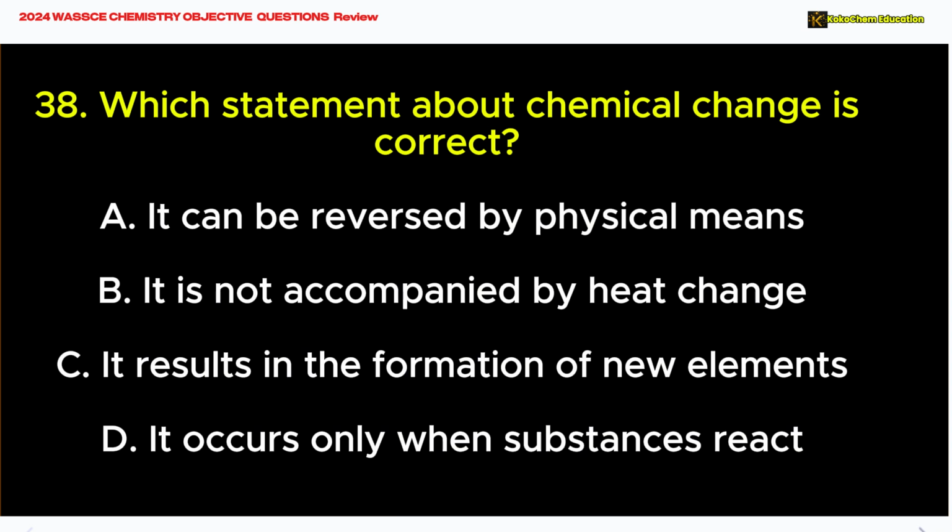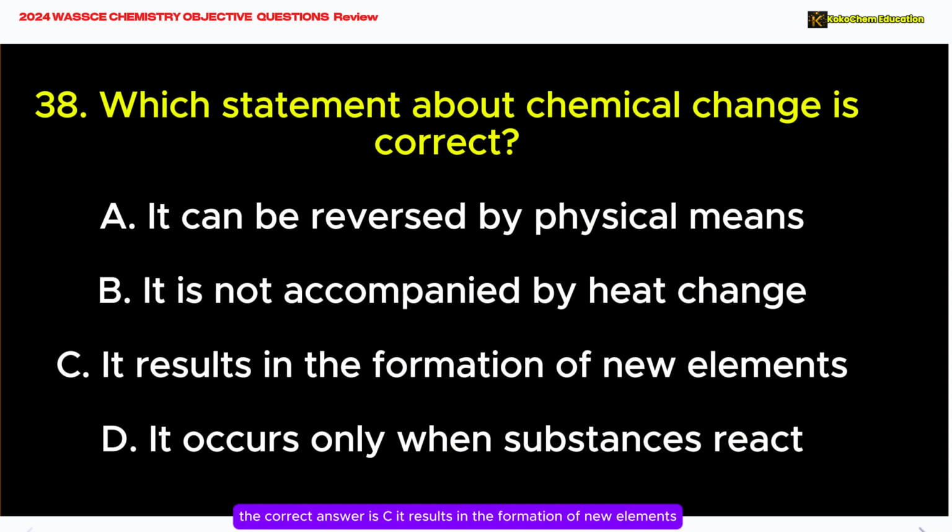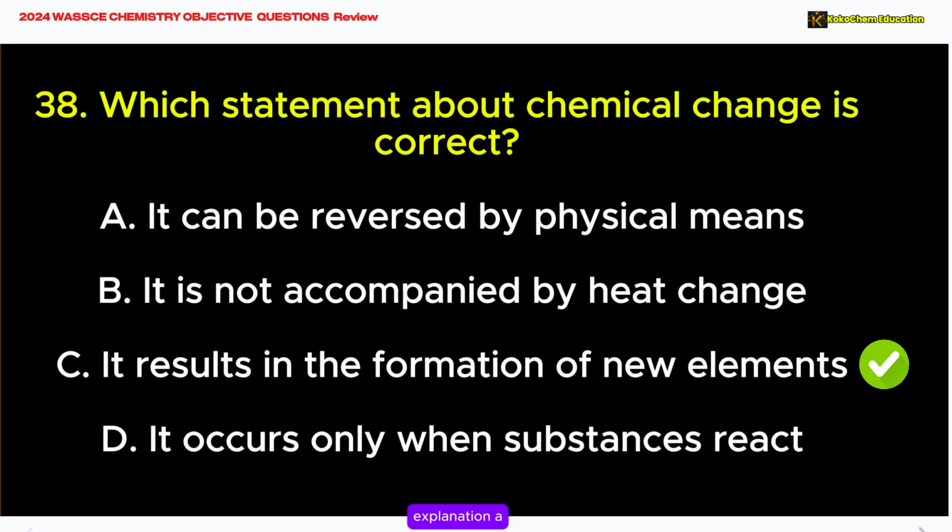D. It occurs only when substances react. The correct answer is C. It results in the formation of new elements. Explanation: a chemical change involves the transformation of substances into new products through reactions, and it generally cannot be reversed physically.